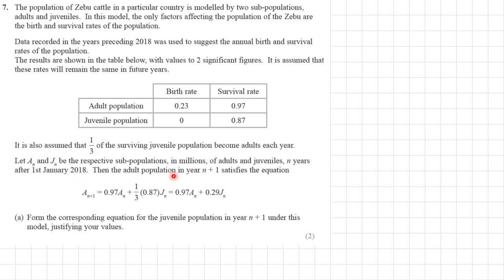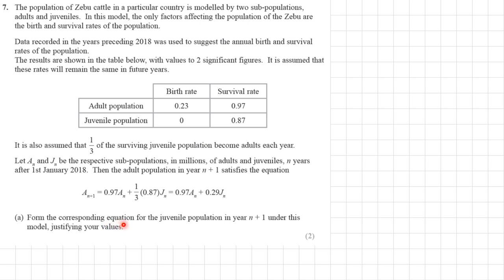Then the adult population in year n+1 satisfies this equation here. A sub n plus 1 is equal to 0.97 an plus 1/3 times by 0.87 jn, which is equal to 0.97 an plus 0.29 jn.